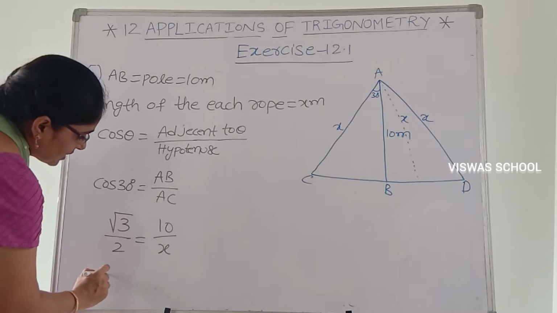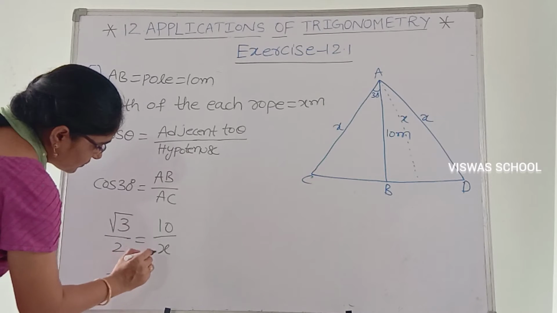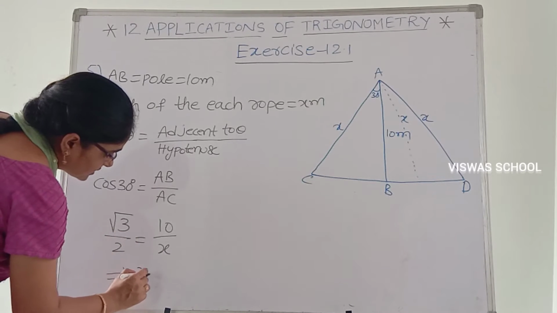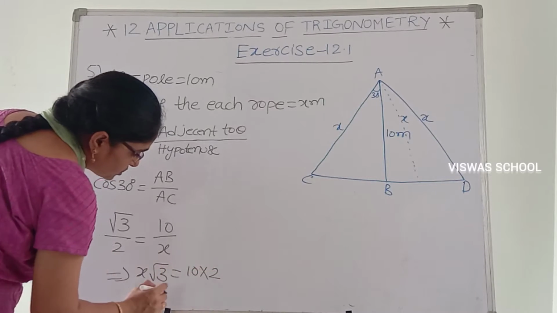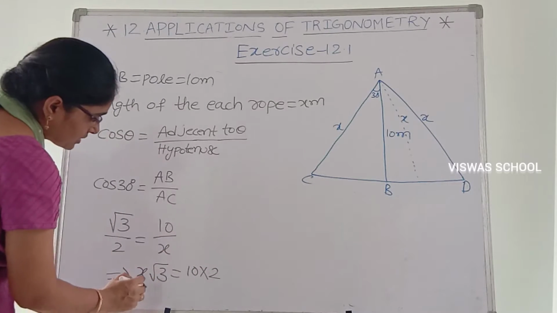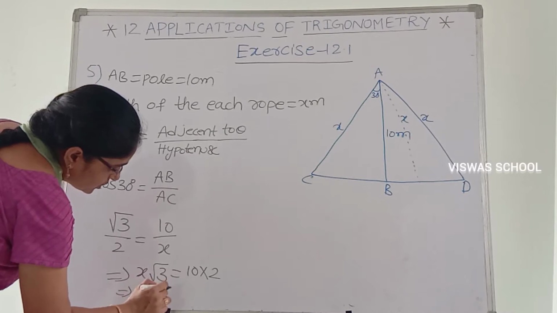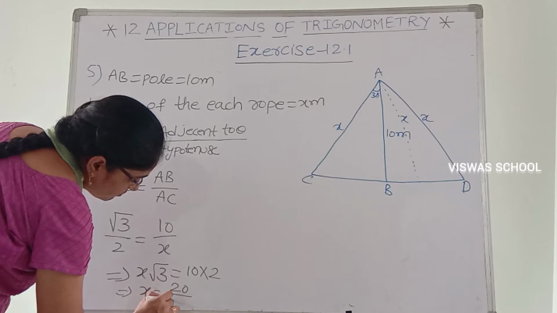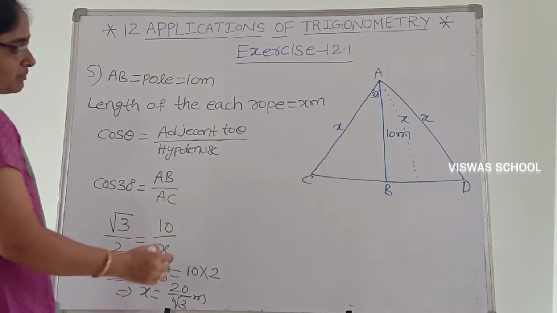From this, by cross multiplication, 10 into 2 equals 20, and x into root 3. That is x into root 3 is equal to 10 into 2. Now from this, x is equal to 20 by root 3 meters.